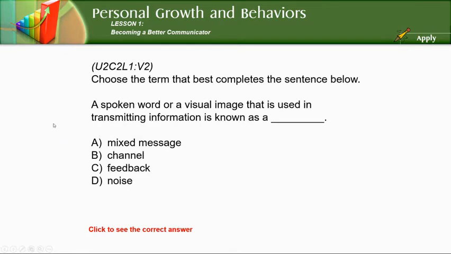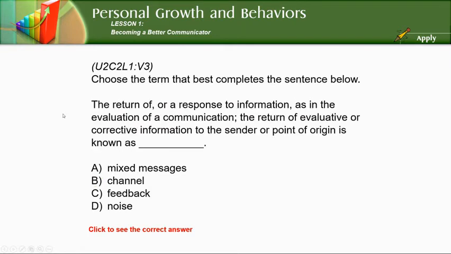Choose the term that best completes the sentence below. The spoken word or visual image that is used in transmitting information is known as the channel. The return of or response to information, as in the evaluation of a communication, the return of evaluative or corrective information to the sender or point of origin is known as feedback.